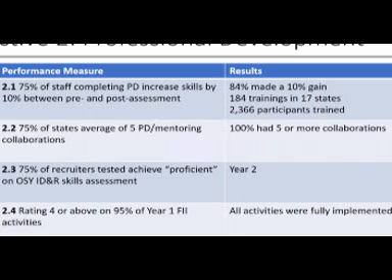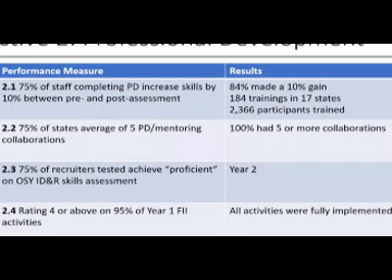Objective 2 has to do with professional development. 2.1, 75% of staff completing professional development will increase their skills by 10% between a pre and post assessment. We use the staff training survey to get the results from that.